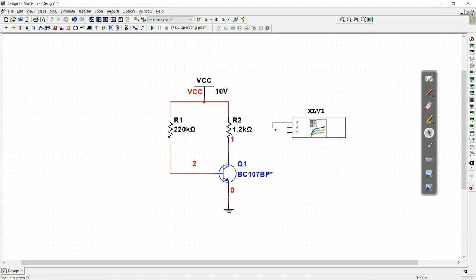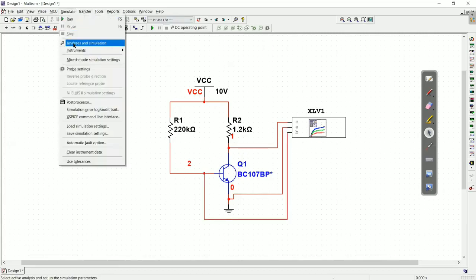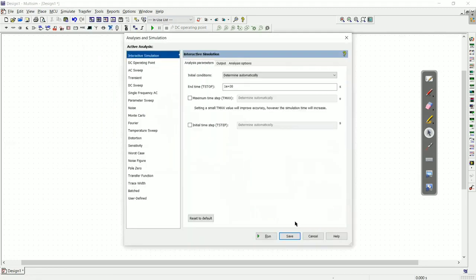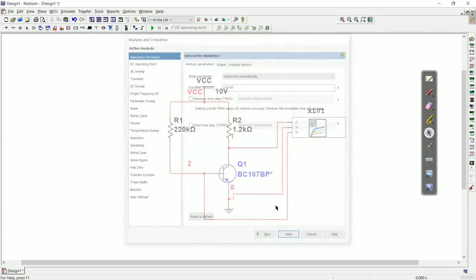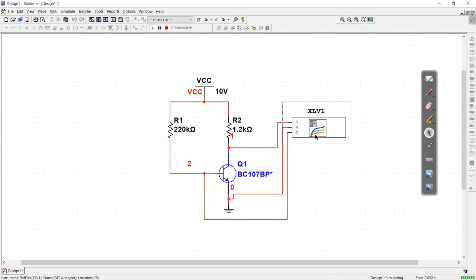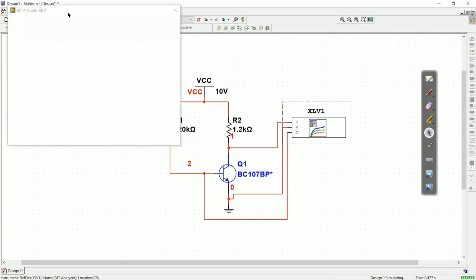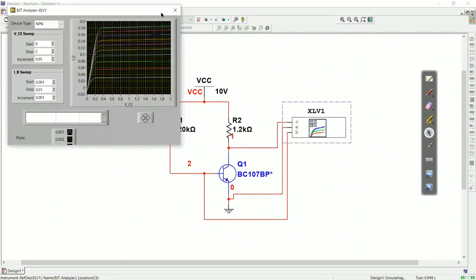Connecting it to them, we can change to interactive simulation and run it. Clicking on this component, we get a graph like this.